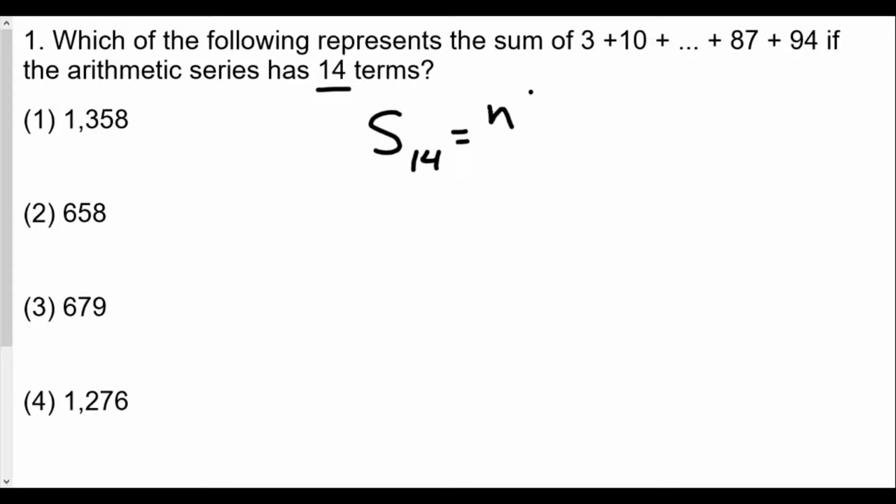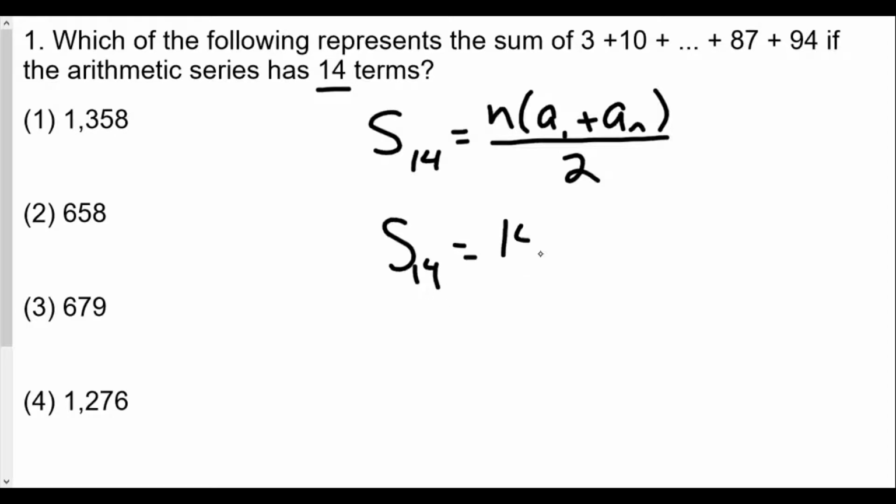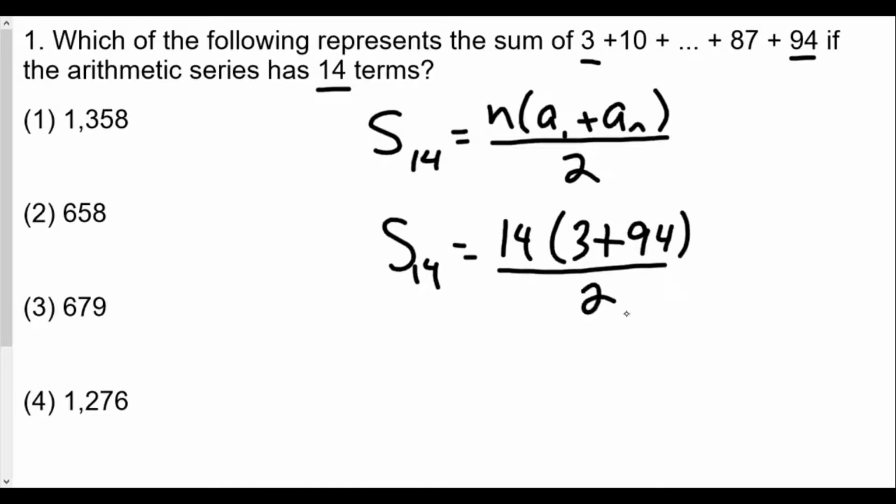So n times a1 plus an all over 2, which means in this case S14 equals 14 times the first term, which is 3, plus the 14th term, since 94 is the last one and there are 14 terms, all over 2. So we're going to get 14 times 94 plus 3, which is 97, divided by 2.